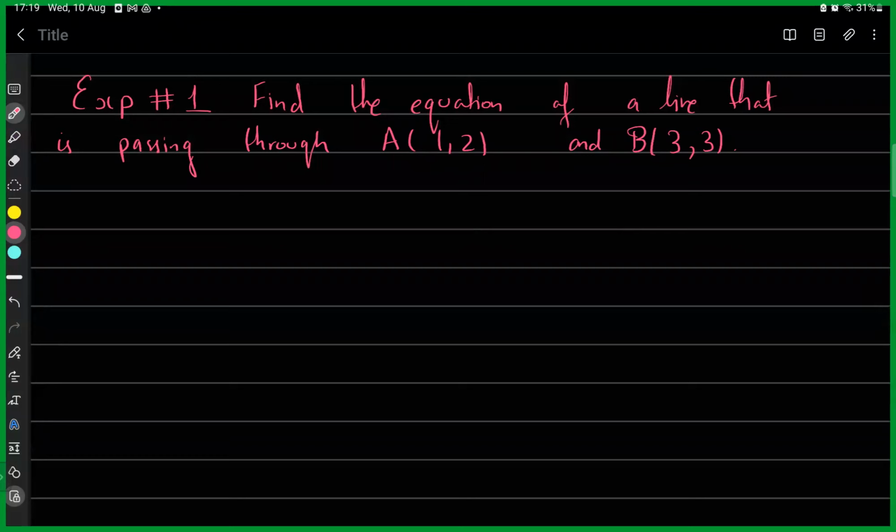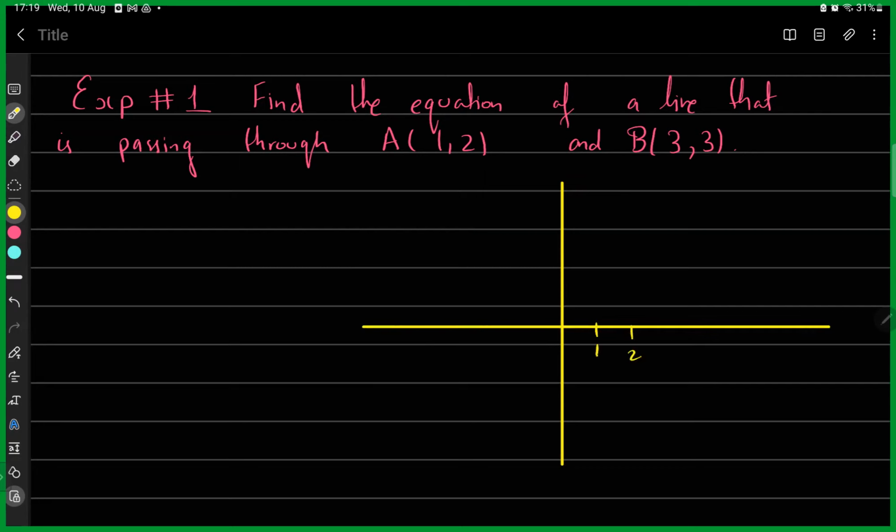We have two coordinates of A and B, and you guys would get to know how exactly we use these coordinates to find the equation. So since this is the first example, you guys are not clear with the idea, so let me just make this as well. This is my y-axis, here's the x-axis. It's 1, 2, 3, and then it's 1, 2, 3, 4.